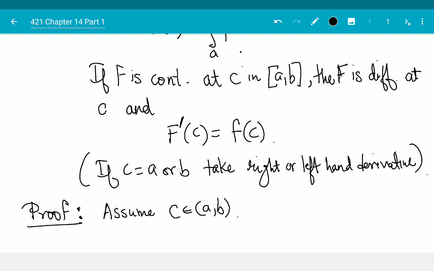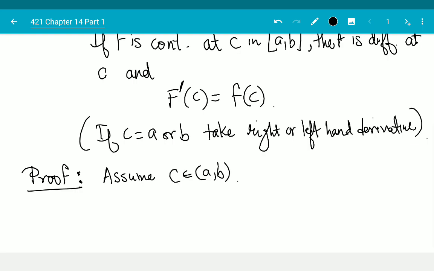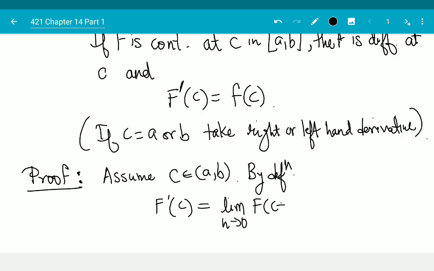You can extend this proof to a or b very easily. I'm not going to do that. I'll leave that for you. By definition, F prime of c is equal to the limit as h goes to 0 of F of c plus h minus F of c all over h.